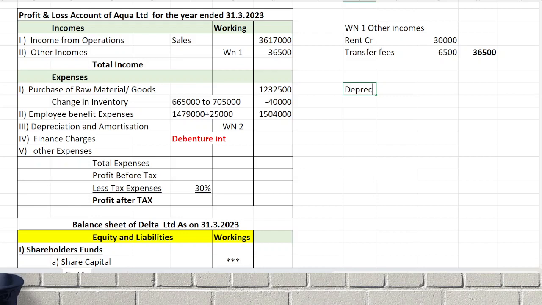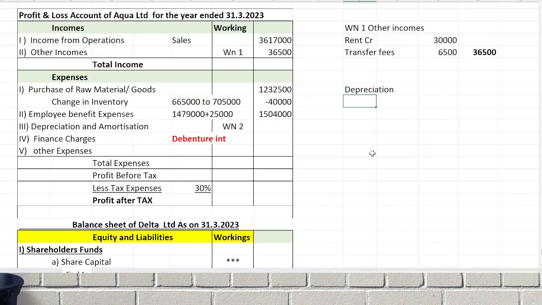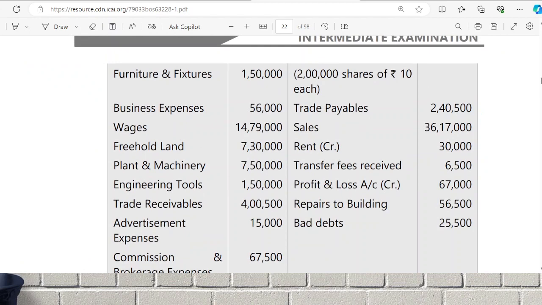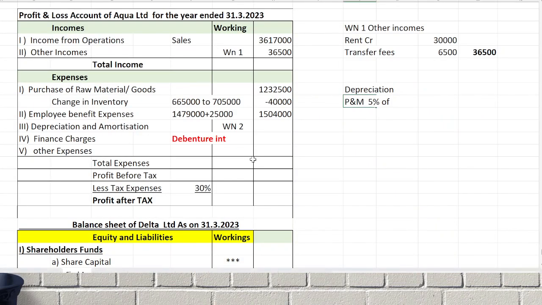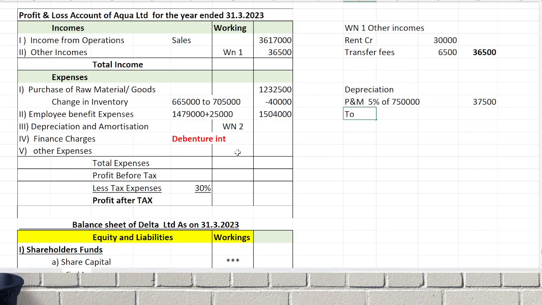Depreciation and amortization. They have asked us to charge depreciation on assets. Plant and machinery 5%. 5% of what is the plant and machinery value given? 7,50,000. It will be 37,500. What is the next one? Engineering tools 20% of 1,50,000 will be 30,000 for tools.